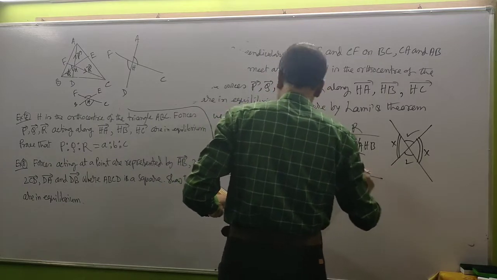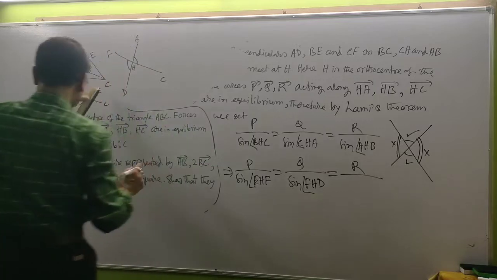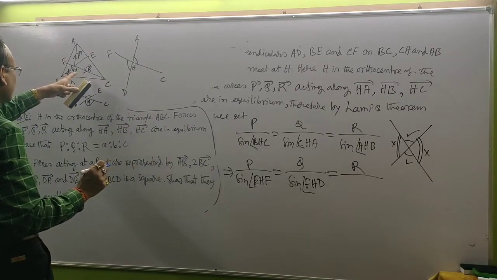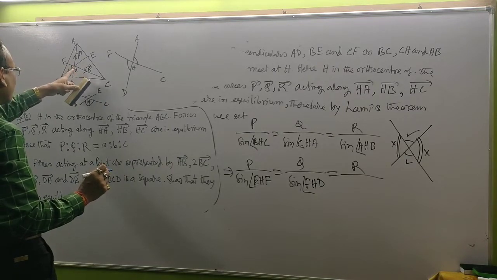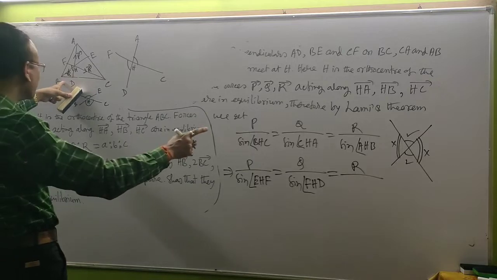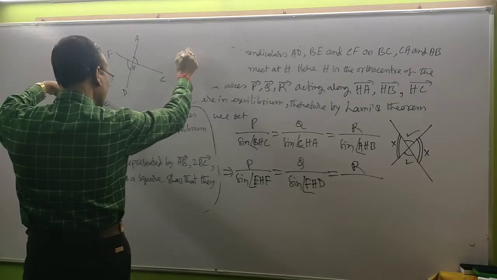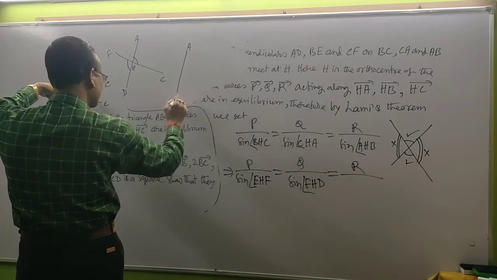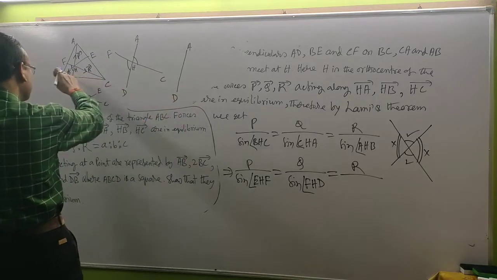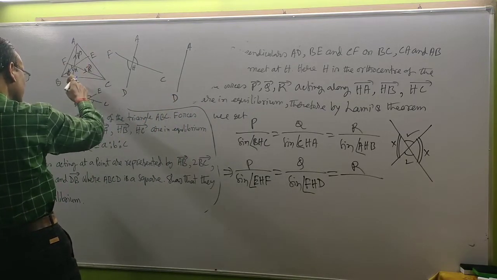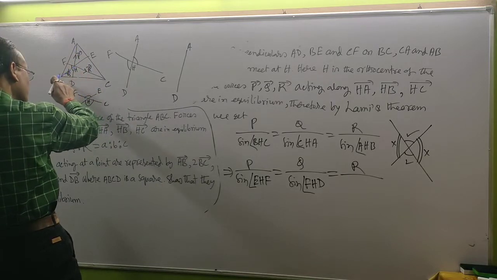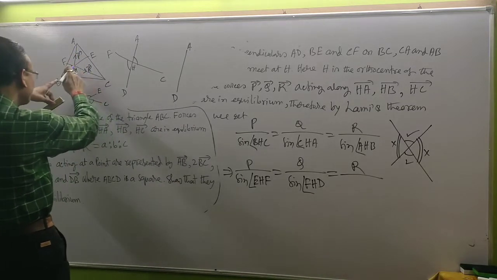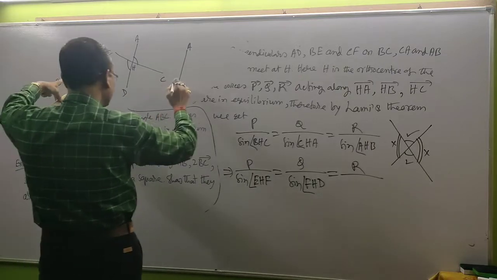This is equal to R divided by sine of the angle AHB. Consider AD and BE.